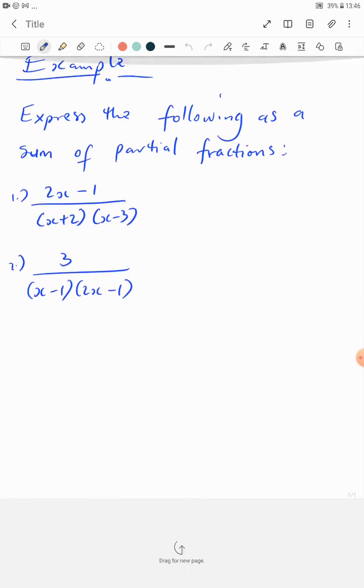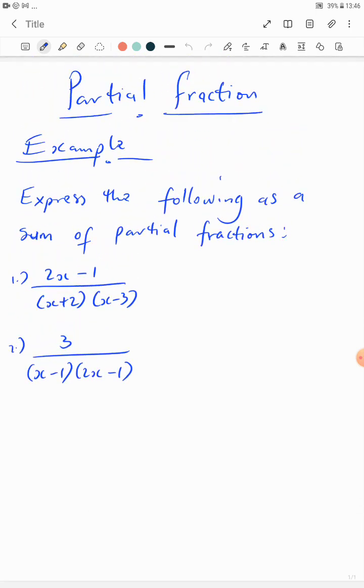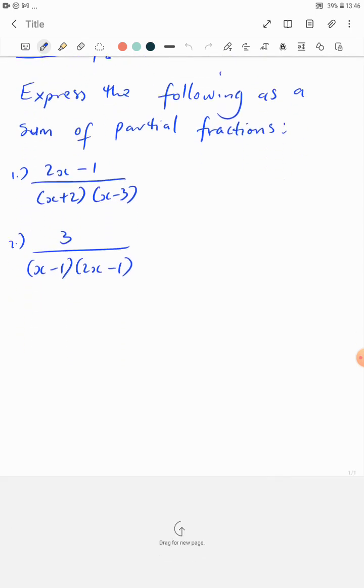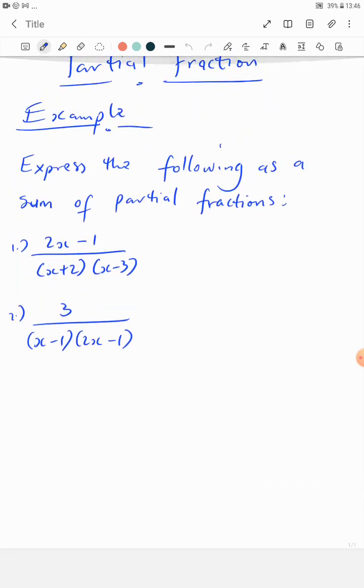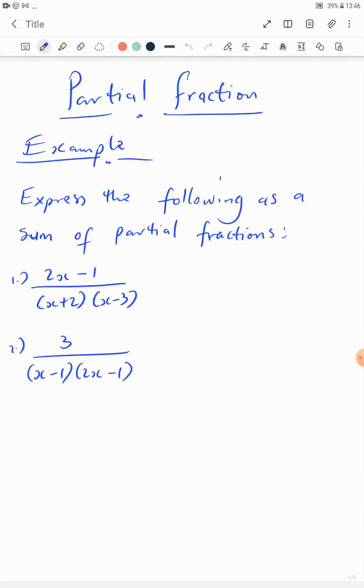So you have to try as much as possible to watch that second class for you to have a good understanding. In this class, I will proceed with solving these examples.